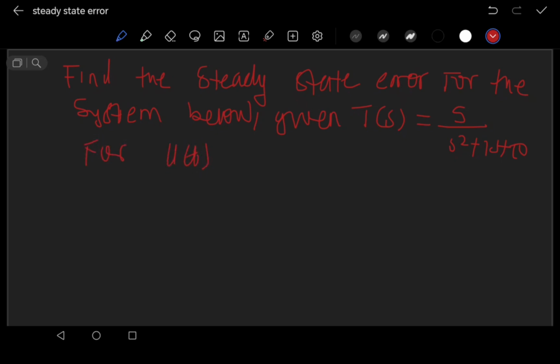That means our input is the unit step function. So for a u(t) input, what is our input?